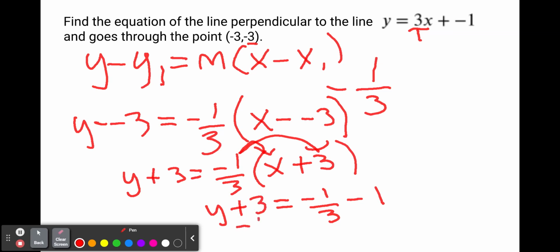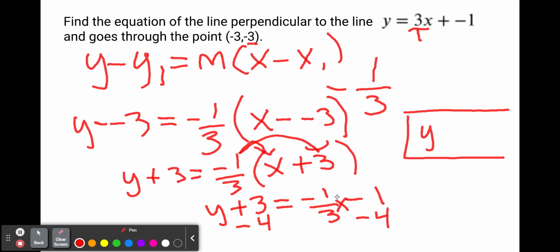Our last step is to subtract 4. So you get as a final answer y, I forgot an x right here, so let's put an x there. y equals negative 1/3 x minus 4 is your final answer.